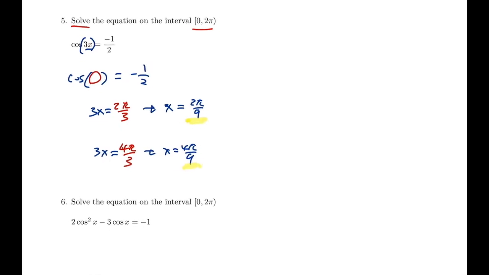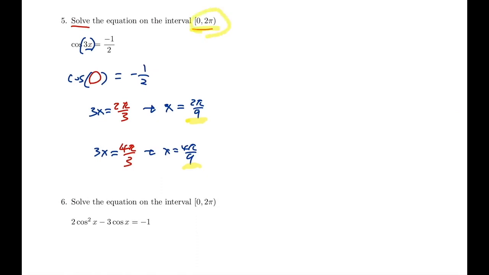So this angle must be 2 pi over 3 and 4 pi over 3. But that angle here is actually 3x, right? So we set it to 3x to solve for x. Divide by 3 on both sides. We get x equals 2 pi over 9. We get x equals 4 pi over 9. Then we have to check if each of these angles is in this range right here.